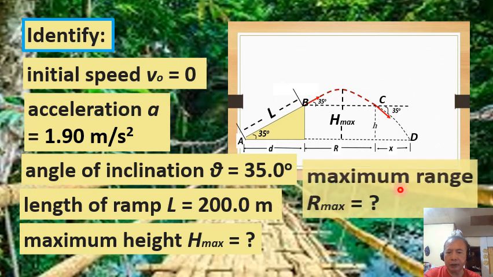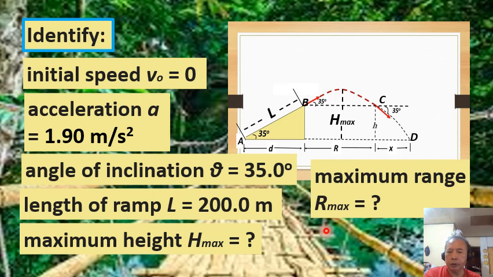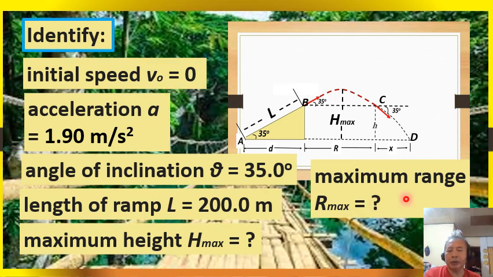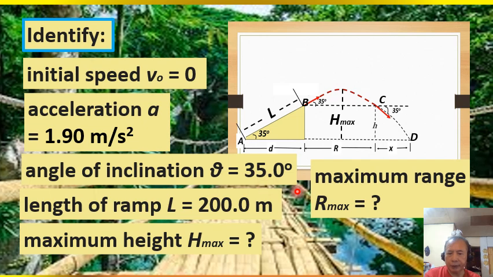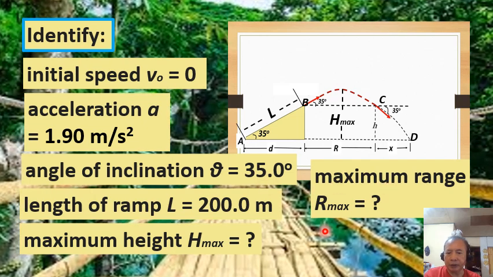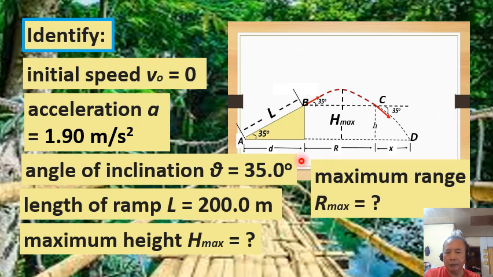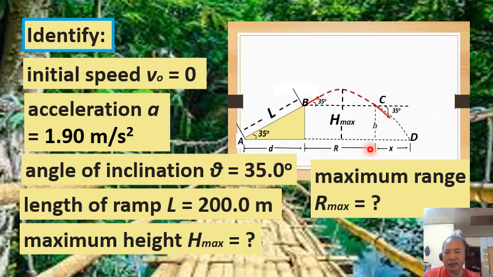And in part B, we are also required to determine the maximum range. When you say maximum range, denoted by capital R max, we are referring to the sum of the horizontal distances.